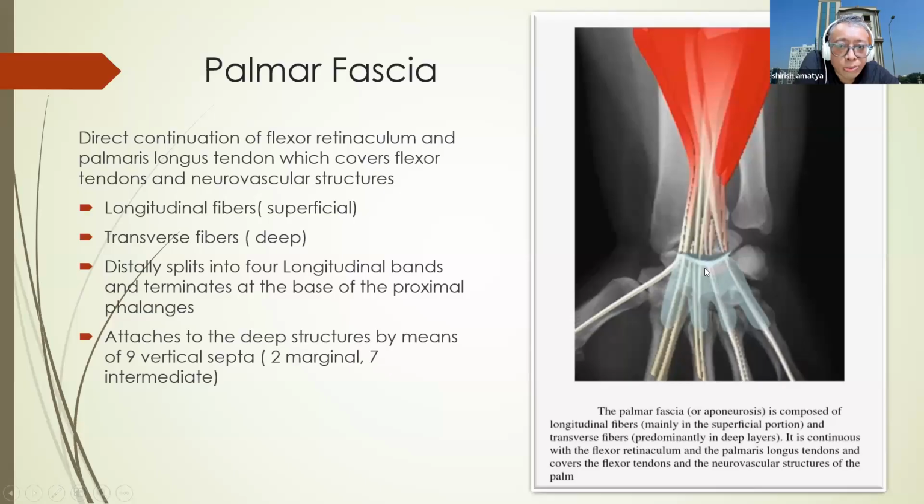This palmar fascia, which is a thick fascia, is connected to the deeper structure by means of 9 various fibrous septa. There are 2 marginal septa, and in between these 2 marginal septa, there are another 7 intermediate septa which connect the palmar fascia to the deeper structure.